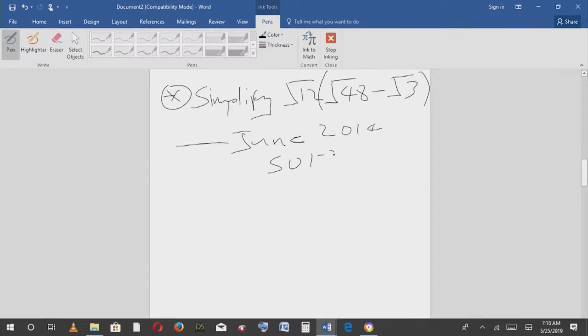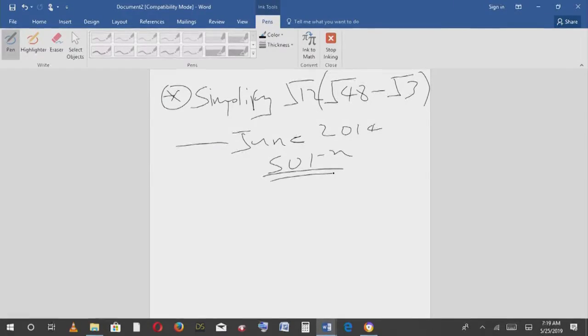Solution. We have a problem there which says simplify the square root of 12 multiplied by the square root of 48 minus the square root of 3, okay.